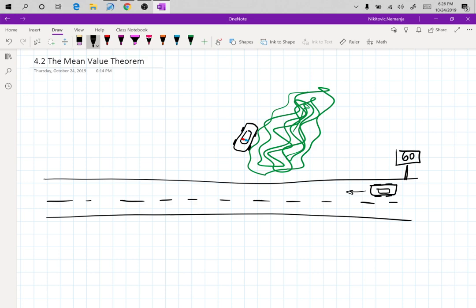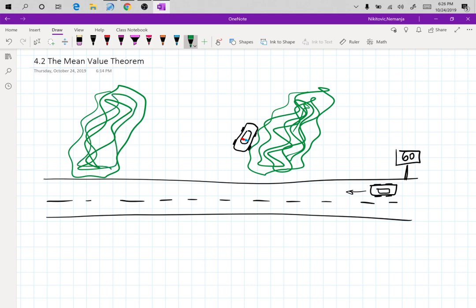Then, a couple of miles down the road, we are going to have another shrubbery, like so. There's going to be another one of these cars. All right.